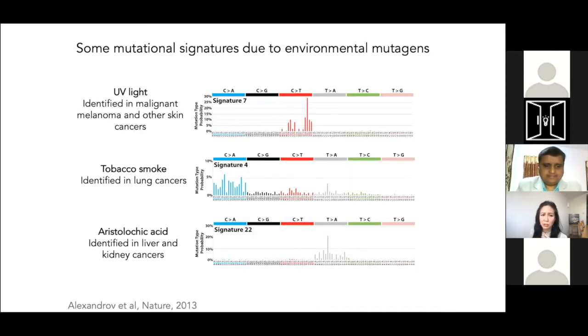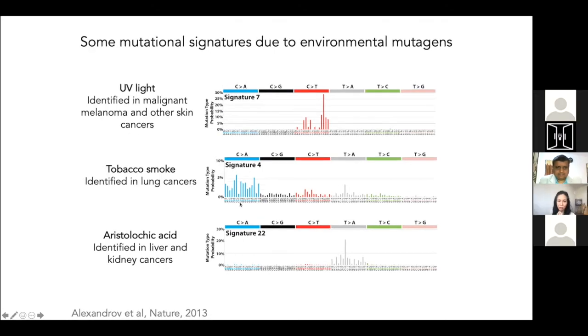And here are a couple of examples of signatures due to environmental mutagens, very well-known ones. Signature 7 with these dominant C to T mutations is due to UV light, seen in skin cancers. Signature 4, this dominant C to A pattern, is seen in lung cancers due to tobacco smoke. And this T to A pattern is classic of aristolochic acid in liver and kidney cancers of people who've ingested aristolochic acid.